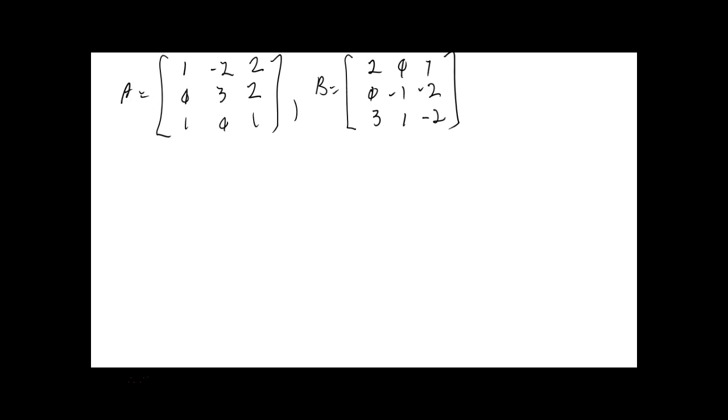All right. First thing they said is find the determinant of each of these. So the determinant of A, and I don't know how you want to do it. It is pretty easy to eliminate this 1 in the 3, 1 position, and then it's a really easy thing to do. So you want to do that?